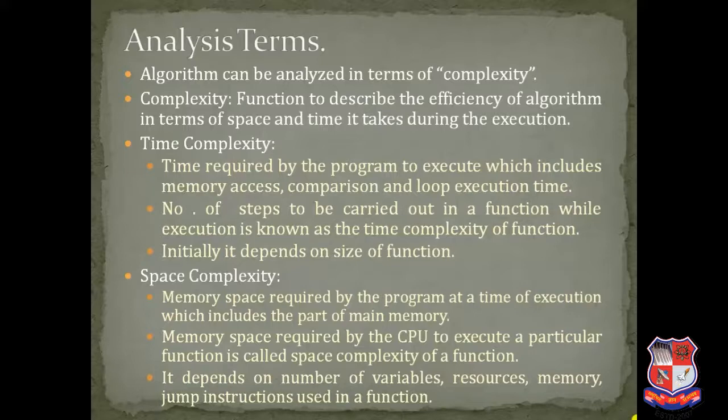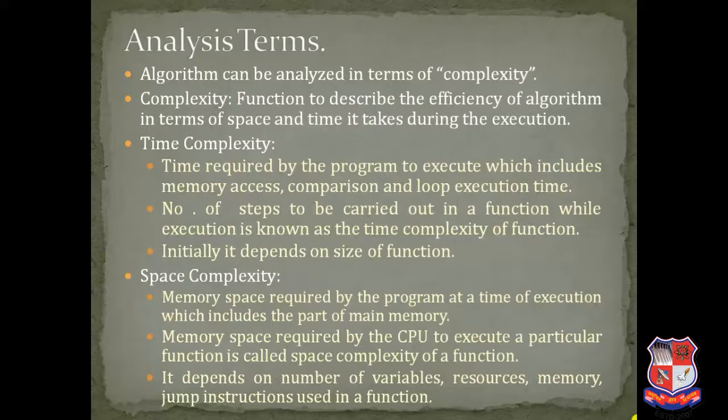Space complexity. Memory space required by the program at the time of execution, which includes the part of main memory, because as we know, when we execute a source code, that source code needs to be moved from secondary memory to main memory.